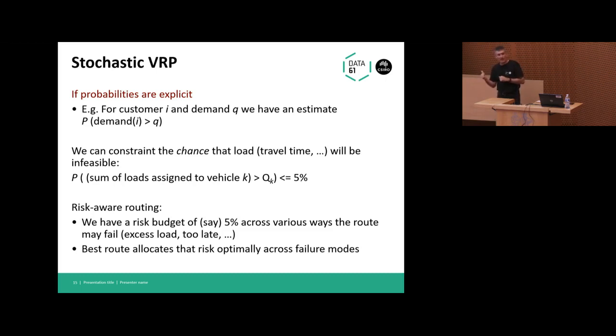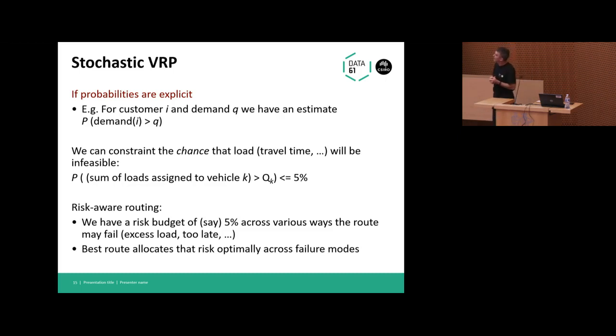And another development is risk-aware routing, where we might say, okay, I've got 5% risk that something will fail on this route, and I can allocate that risk in different ways.